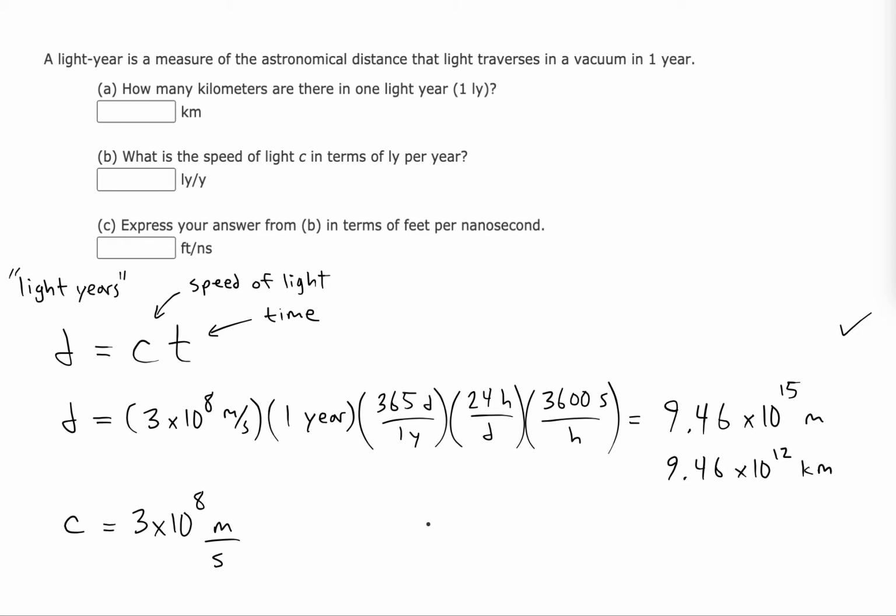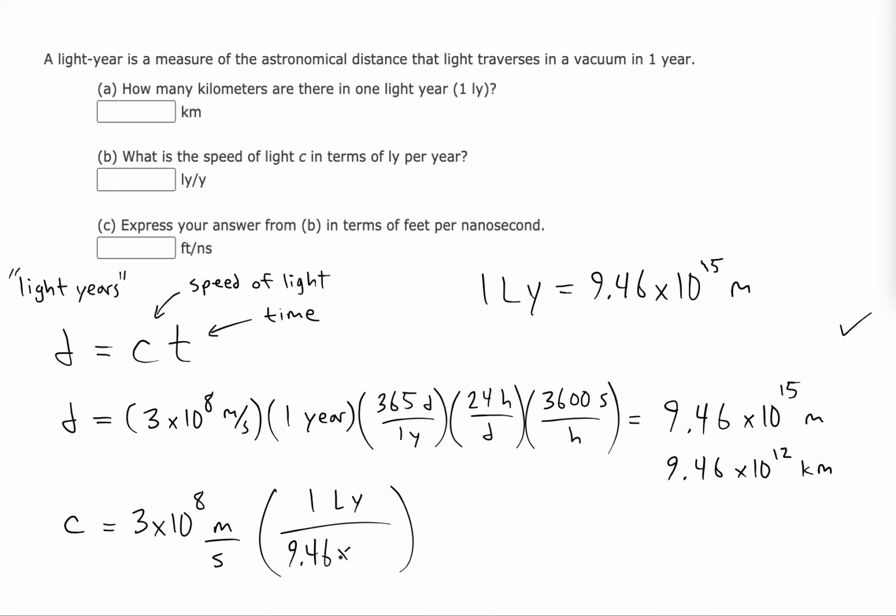I'll use the factor that I had just found to convert the meters into light years, because we set up here that 1 light year is 9.46 times 10 to the 15 meters. So I'm going to use that conversion right now. All right, that'll cancel this.